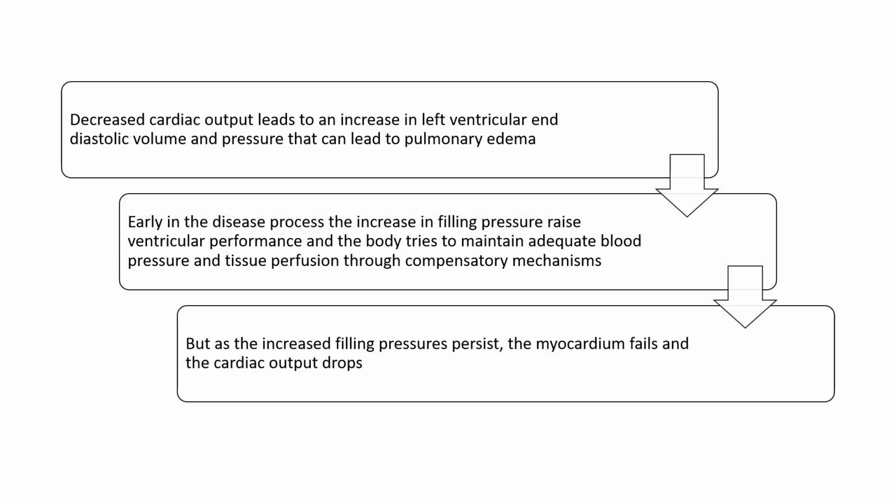But again, as the increased filling pressure persists, even as the compensatory changes are taking place to help the heart, the myocardium will eventually fail and the cardiac output drops.